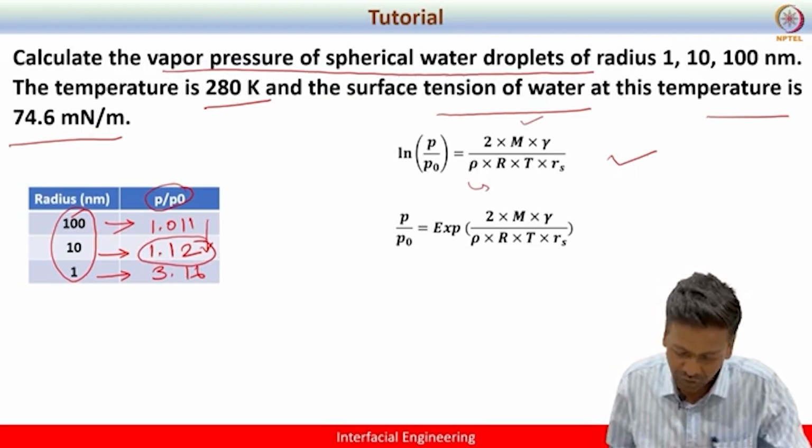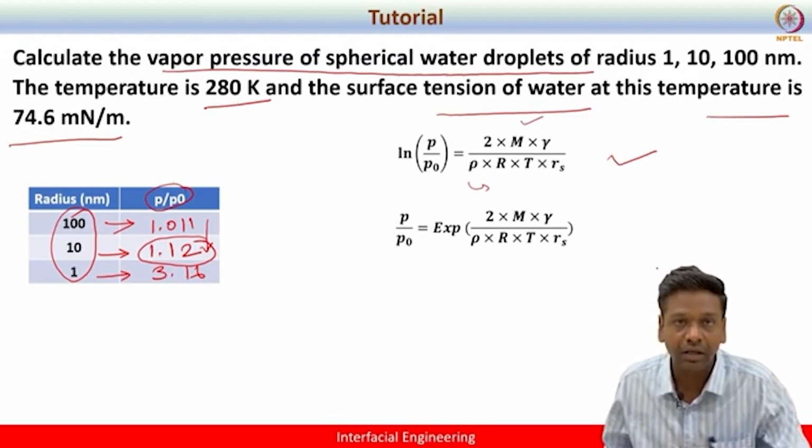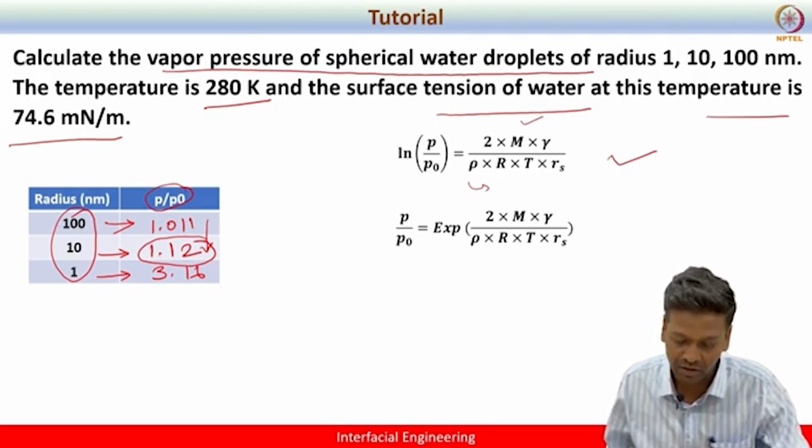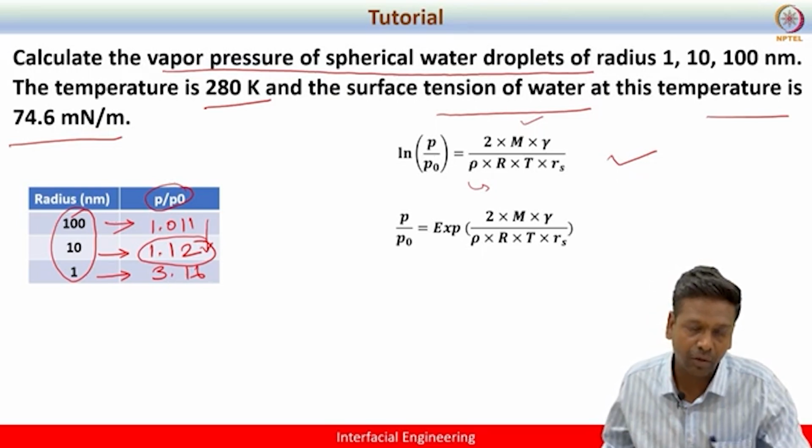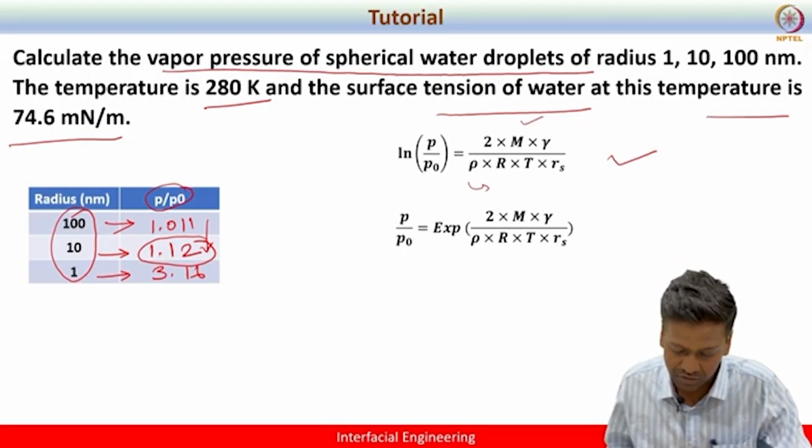This highlights the curvature effect of the droplet. So the lower the droplet size, the P by P naught value will become higher and higher. As you go down, the vapor pressure of the water droplet will become higher and higher, right? So this is one exercise wherein we can understand the application of Kelvin equation.